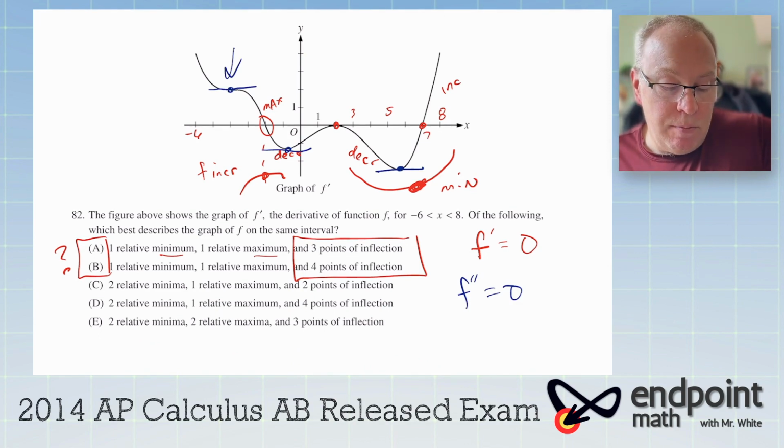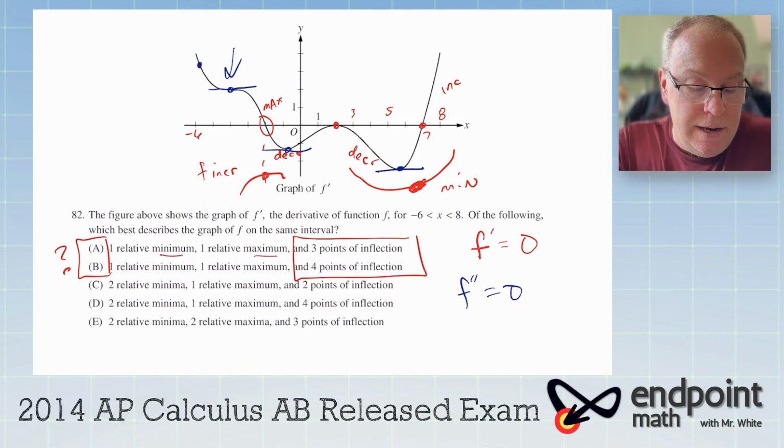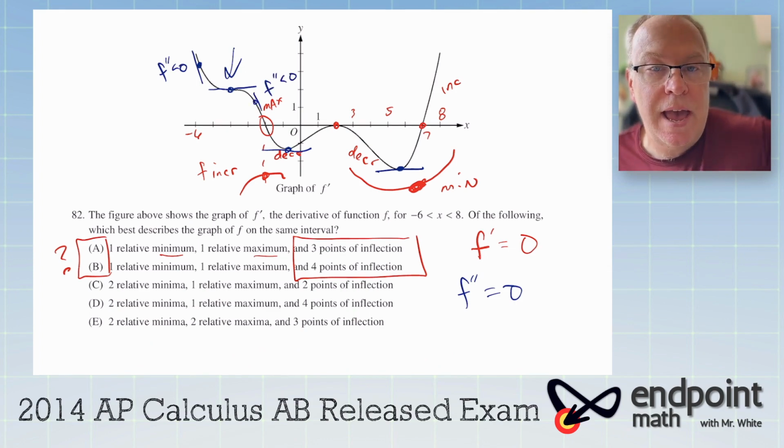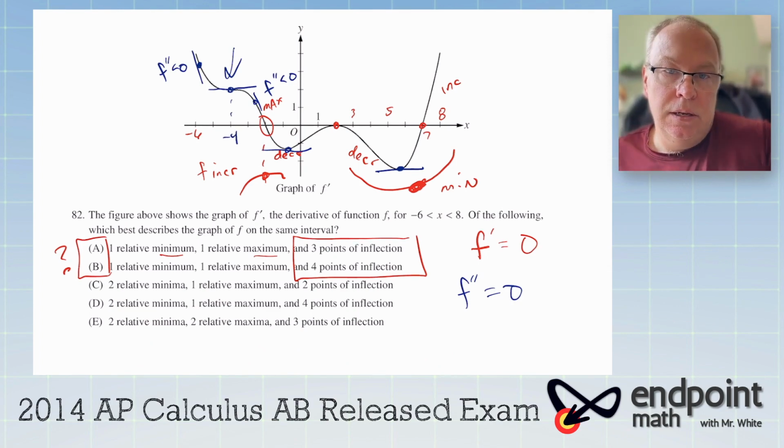But remember, the second derivative involves slopes. So right here, the second derivative is negative, and over here it still is. So did we change concavity at -4? No, we didn't.